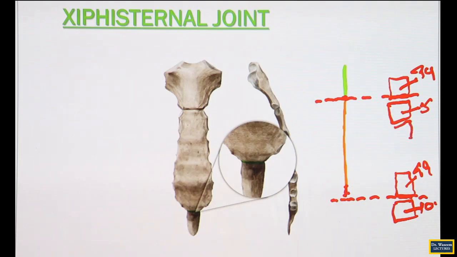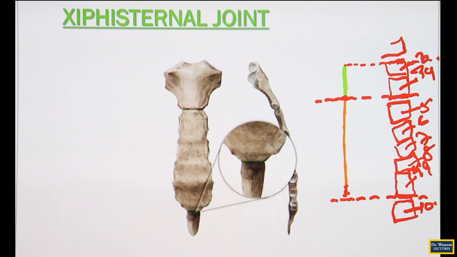So behind the body of the sternum will be 6, 7, 8, and above that is 4, and behind here is the suprasternal notch. If you draw a horizontal line here, above will be 3, 2 and 1.